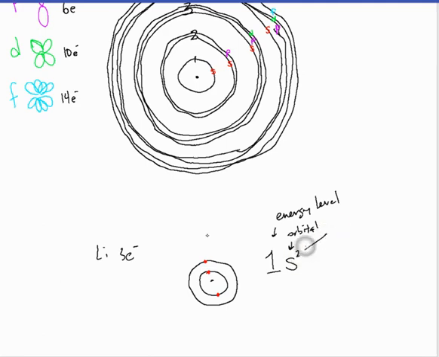So this last number is the number of electrons in that orbital. And that's not all. I had 2s, so 1 electron in the 2s. So 2s1. So there's 1 electron in the second energy level, and it's in the s orbital shape. This is the full electron configuration for lithium.